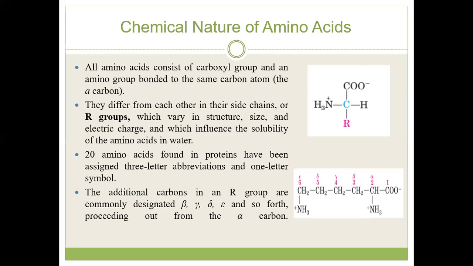Then the alpha carbon, which all the amino acids have, is considered carbon 2. Any other carbon attached to the alpha carbon will be carbon 3 or beta carbon, carbon 4 or gamma carbon, carbon 5 or delta carbon, carbon 6 or epsilon carbon. Is that clear? Yes, sir. So this is basically the numbering of the amino acids.